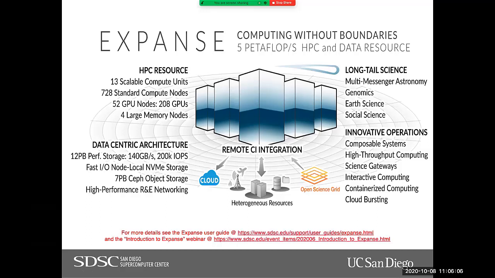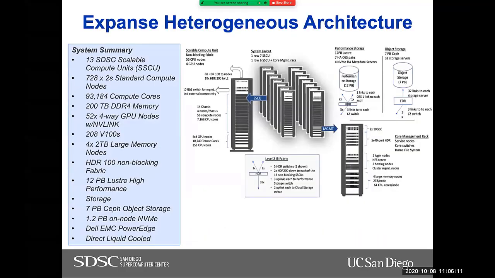I want to get to actually moving to where we're doing some work on it. So for that, this is just a summary. It's a very heterogeneous architecture. We have this concept of a rack that's a scalable compute unit, and it contains CPU and GPU resources on each rack.